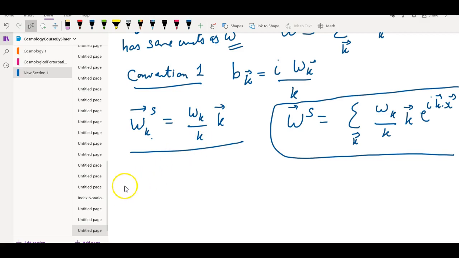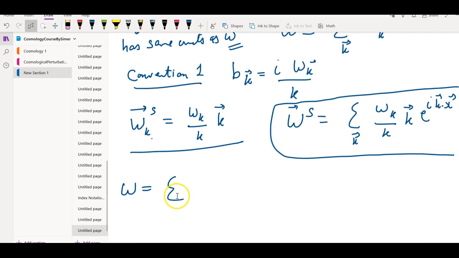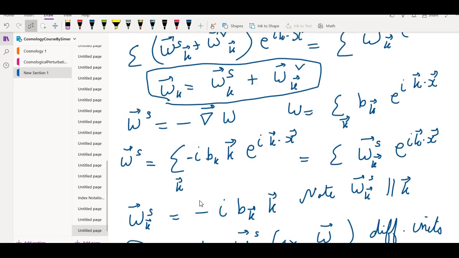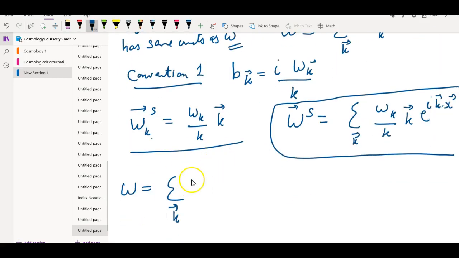What is the expansion of W? Expansion of W is sum over K, and BK is replaced with this, so we have i WK over K, e to the iKX.